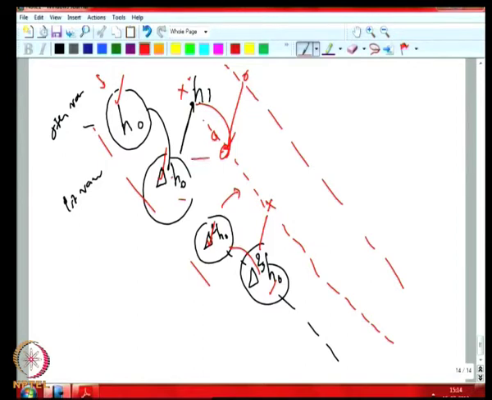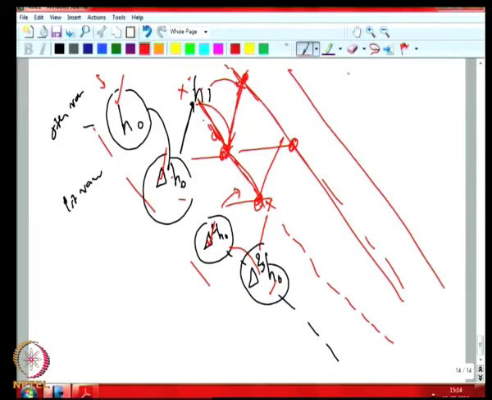Because this number is produced by this minus this. So to get this number, we just have to add this and this. Similarly, this number is produced by this number minus this number. So once you know these diagonals, you can produce the next diagonal and so on.